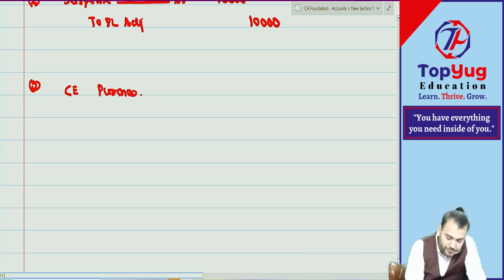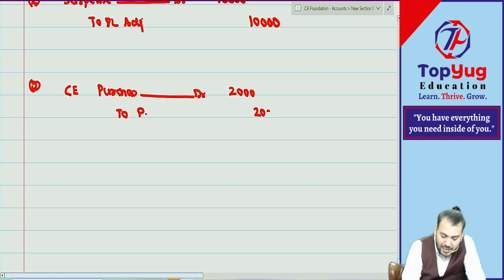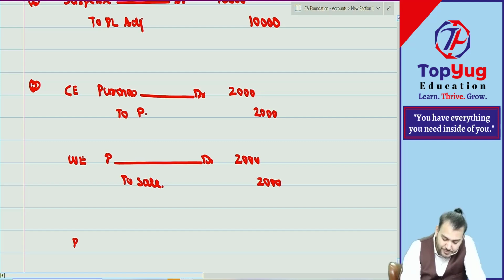Purchase account debit to Mr. P, 2000. But it has been recorded as sale, which means we have done a sales journal entry. It means P account debit to sales 2000. Understood? So what will be the rectified entry?